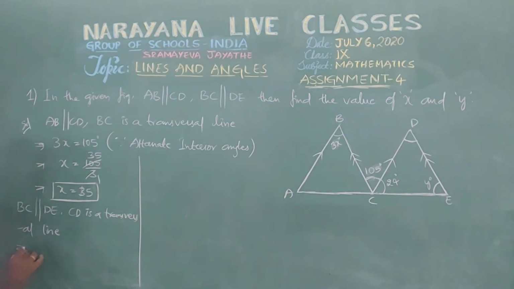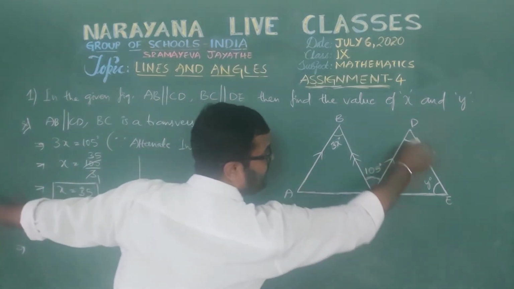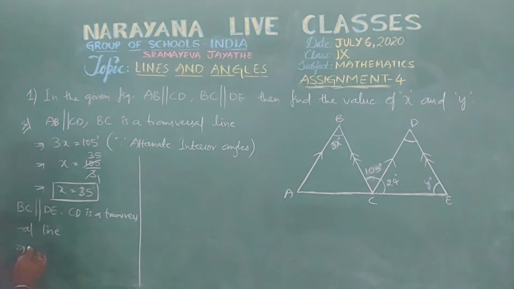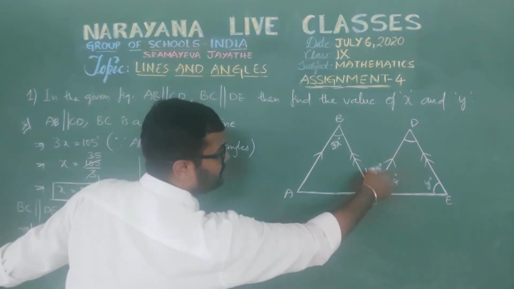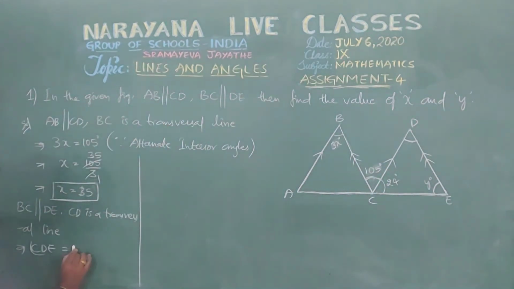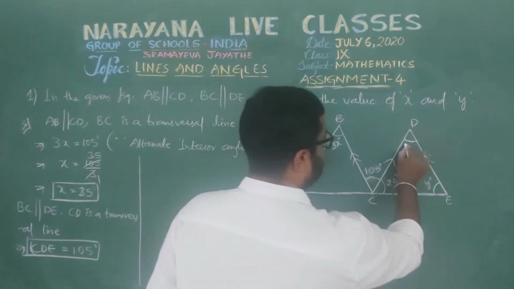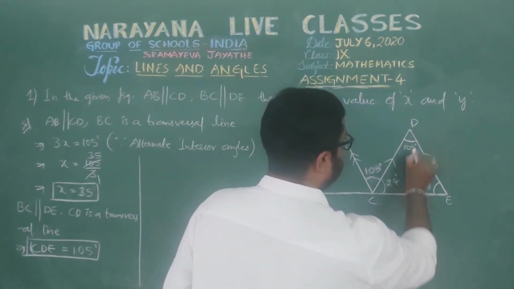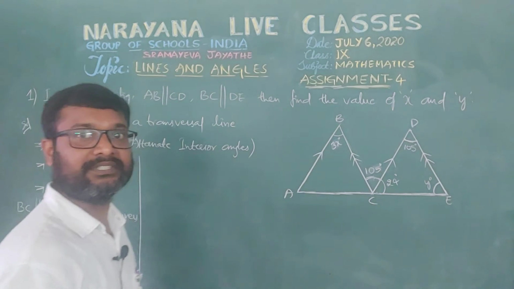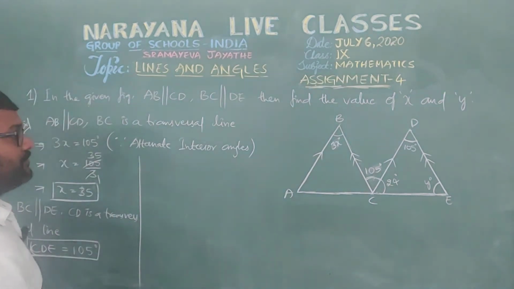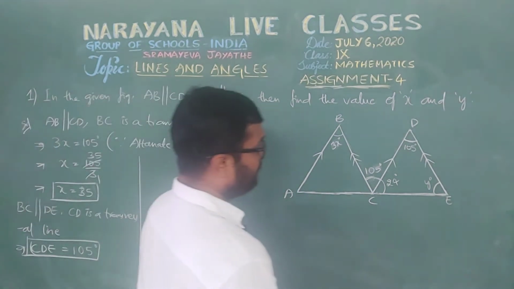That is, angle CDE is equal to this angle, that is 105 degrees. Therefore, angle CDE is equal to 105 degrees.